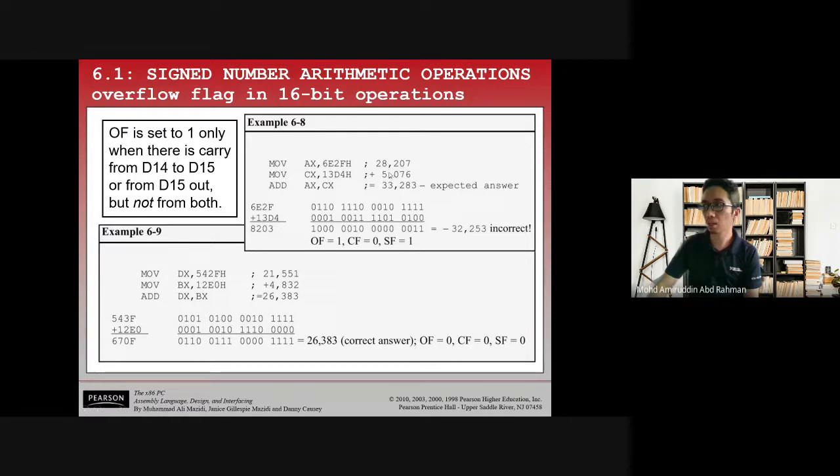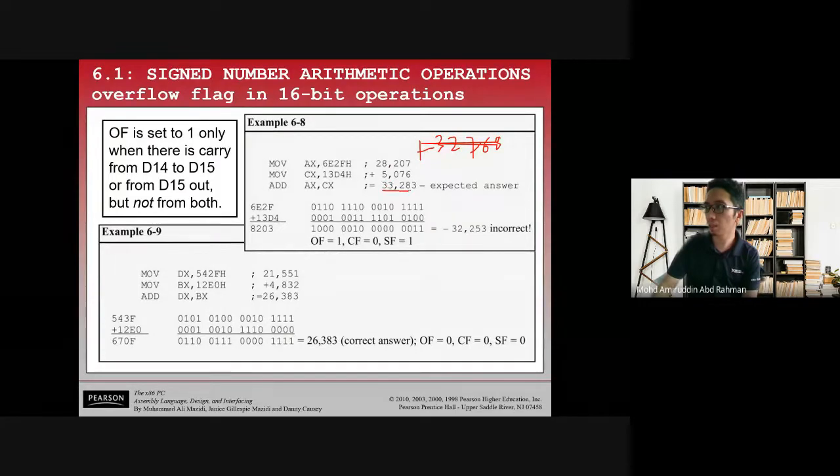We know that the highest possible number for 16-bit is 2 to the power 15, which is 32768. As mentioned before, 32768 is the maximum possible positive integer that we can keep.